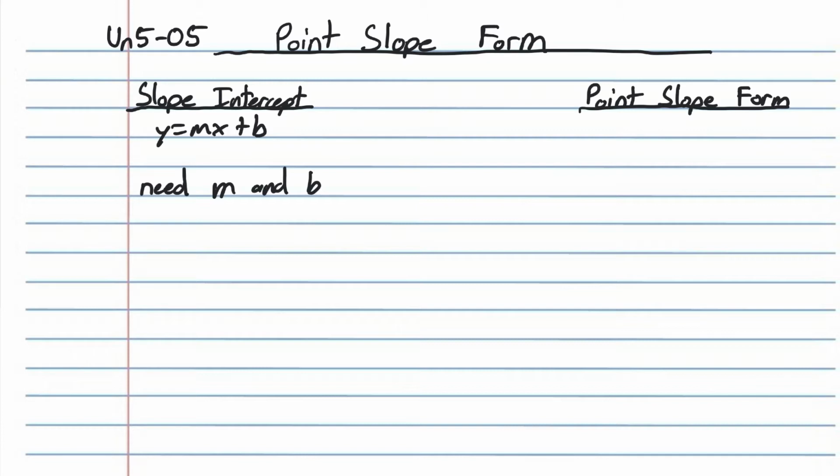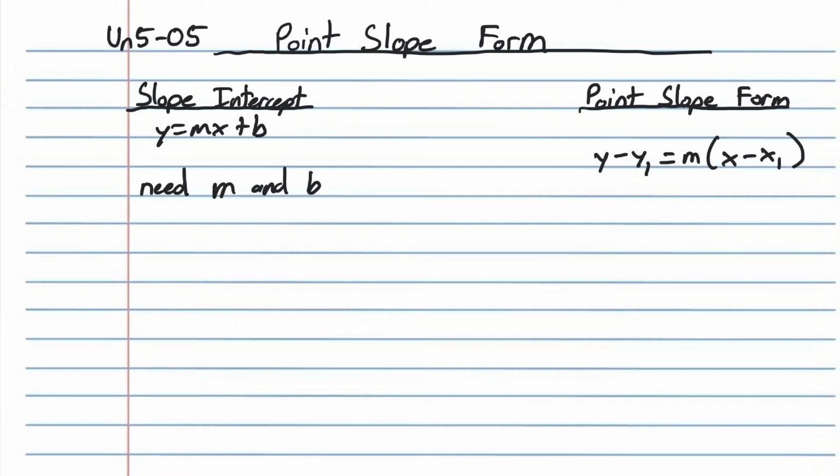Okay, so here's what it looks like. Don't get intimidated because it does look very weird at first. Y minus y1 is equal to m times x minus x1. And again, there's certain things we need to have, right?